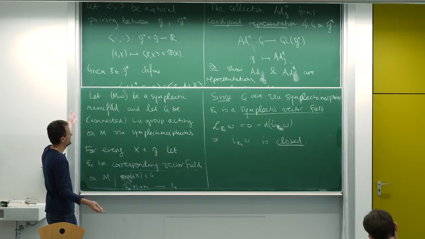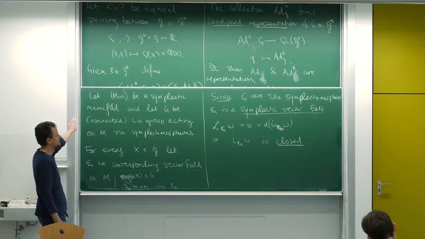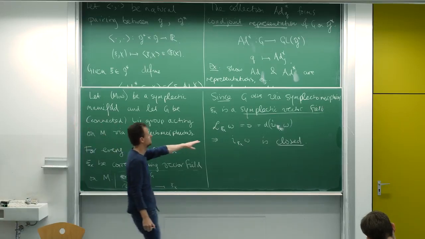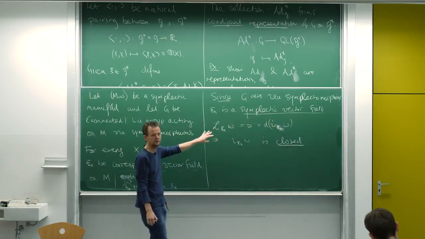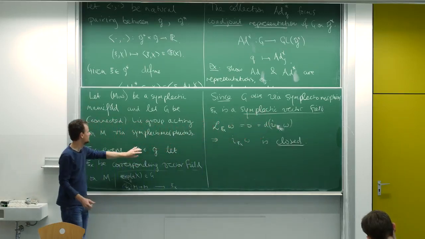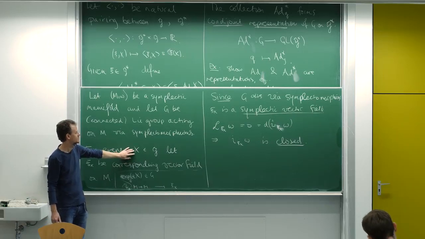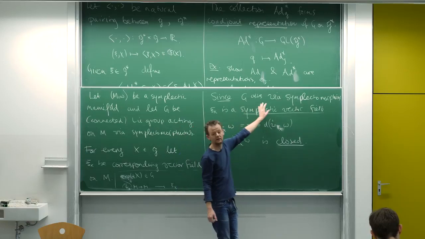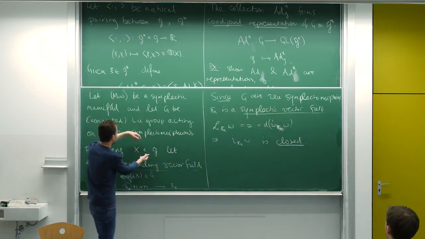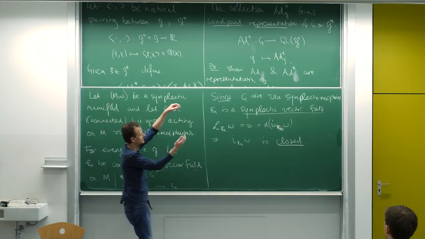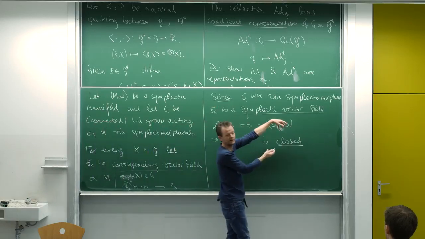Now what we're interested in is not these symplectic vector fields. Well, we are, and it's very elegant that you can understand Lie group actions on manifolds via the Lie algebra of symplectic vector fields. It's really nice, right? We get this homomorphism from the Lie algebra of G to the Lie algebra of symplectic vector fields.